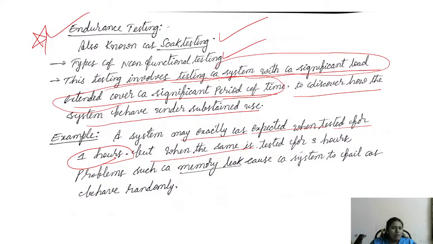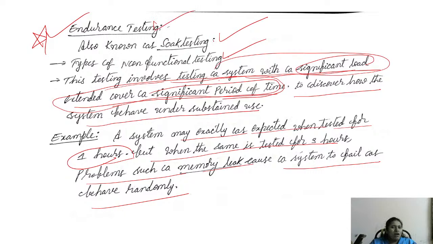But when the same is tested for 3 hours, problems such as a memory leak cause the system to fail or behave randomly. That's why we have to test for 3 hours. Like that, we have to extend over a significant period of time. We have to increase the load; that is called endurance testing or soak testing.